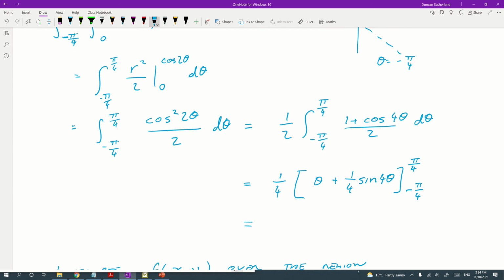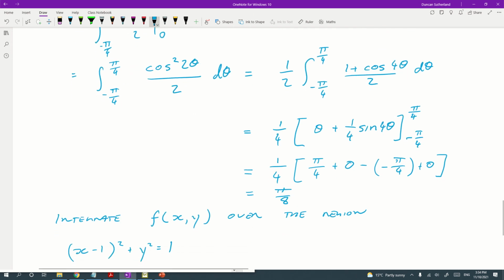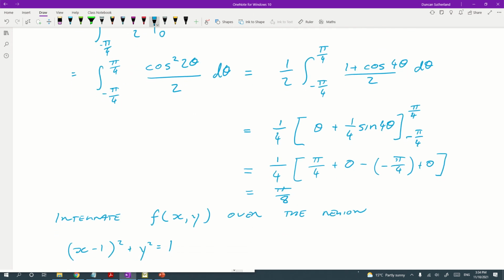Sine pi is 0, obviously, so we get pi on 4 plus pi on 4 over 2, whatever. So that's pi on 8.